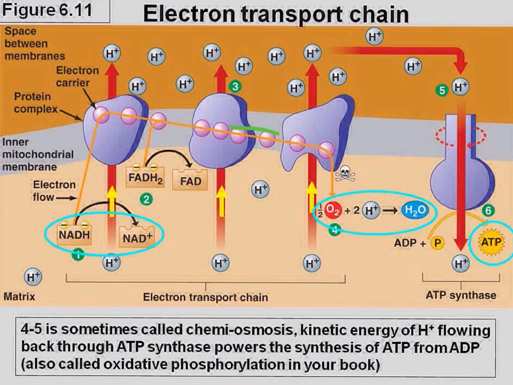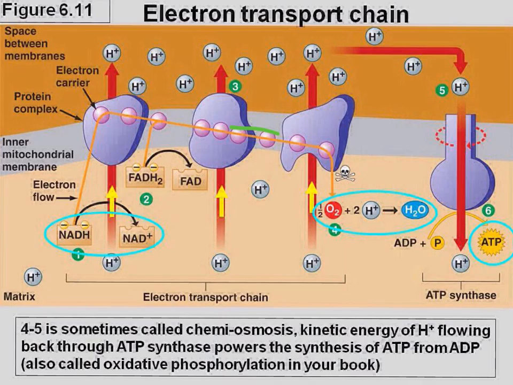Cytochrome C then carries the electrons from the third component to the fourth component, cytochrome oxidase. FADH2 passes through fewer complexes of the ETC than NADH, therefore it creates 1 less ATP. As the electrons leave cytochrome oxidase, they combine with oxygen and hydrogen ions to form H2O.